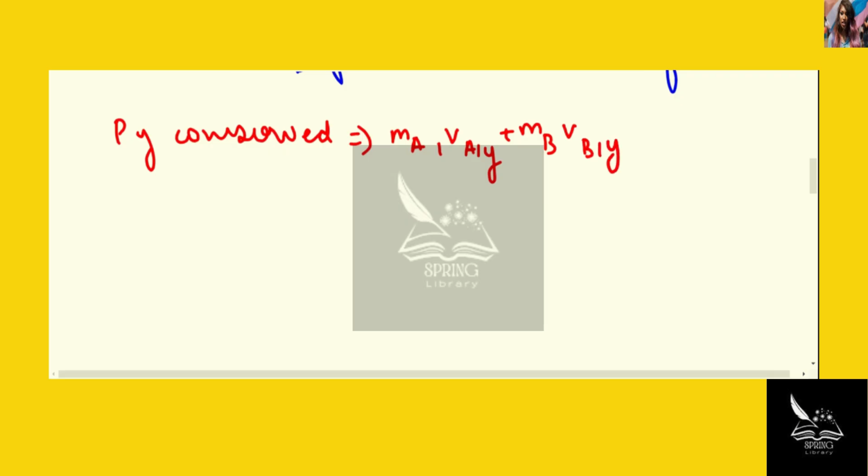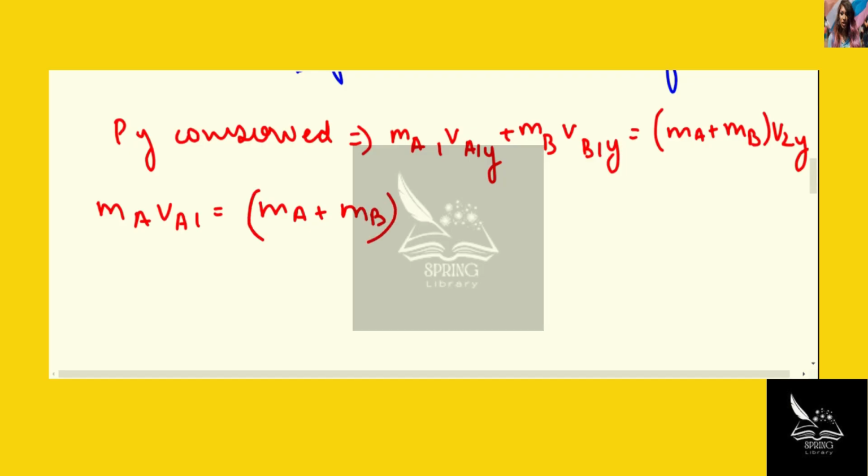According to the conservation of linear momentum, Py is conserved. What do you mean by that? MA VA1y plus MB VB1y equals MA plus MB into V2y. From this we understand that MA VA1 equals MA plus MB into V2.